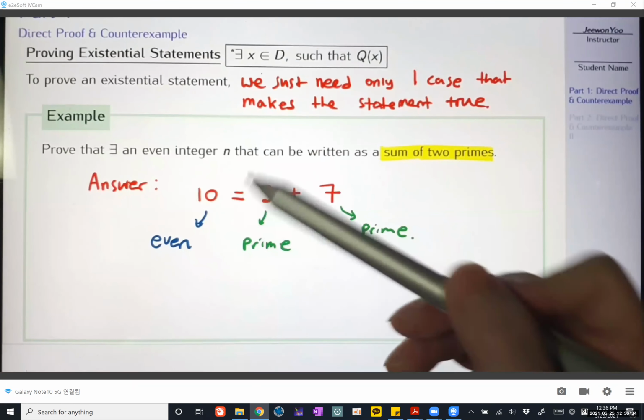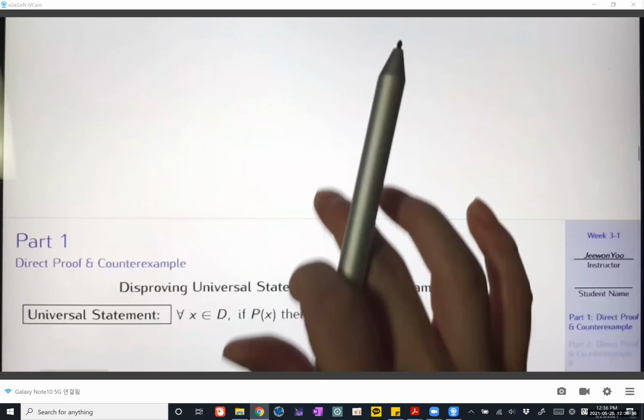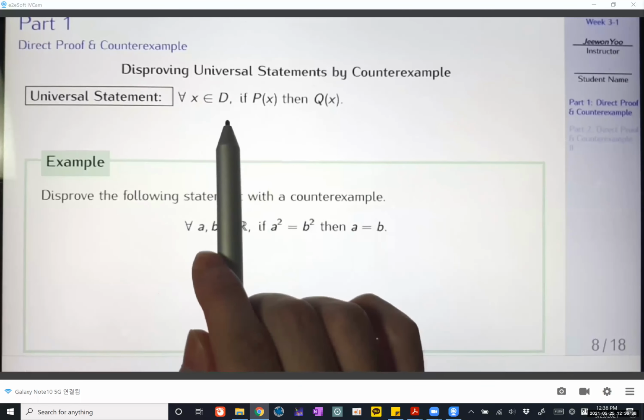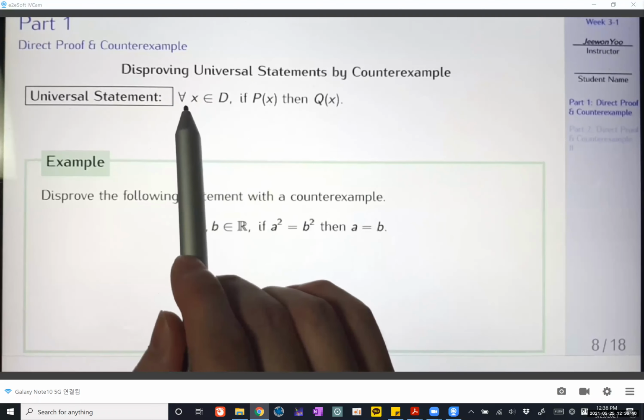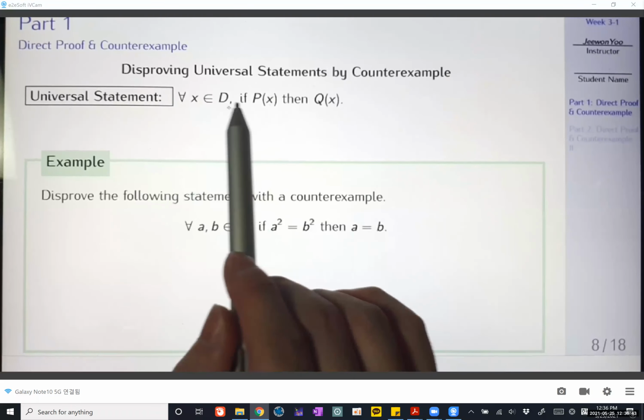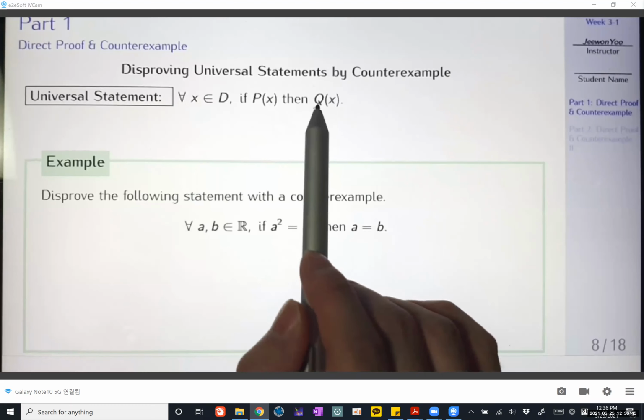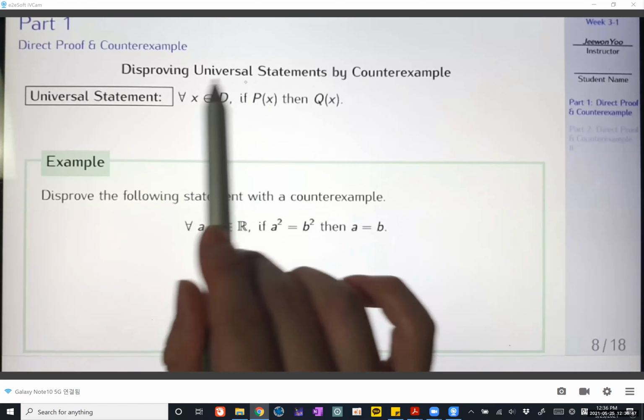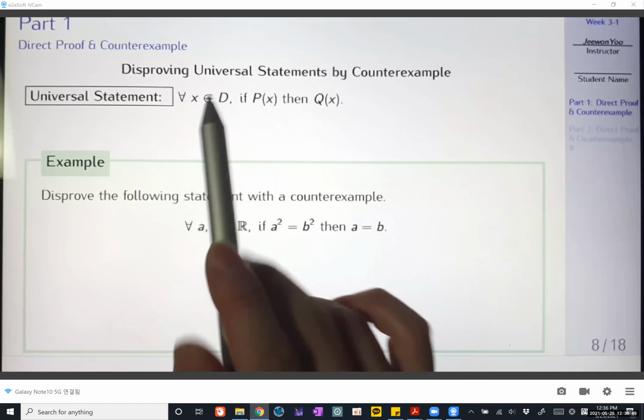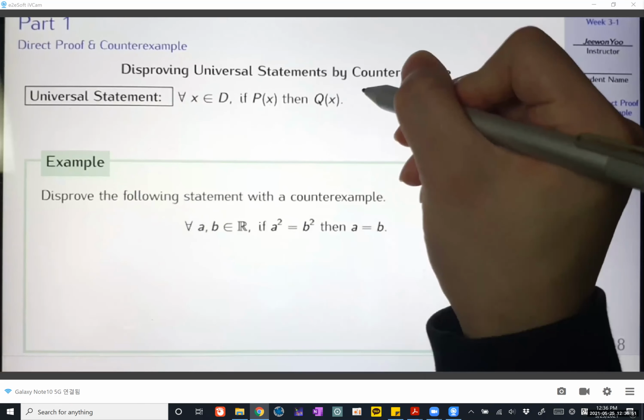However, I think your question is much better if I talk about disproving a universal statement. Sometimes for all x in D, if blah blah blah, then blah blah blah. This kind of universal conditional statement might be false.